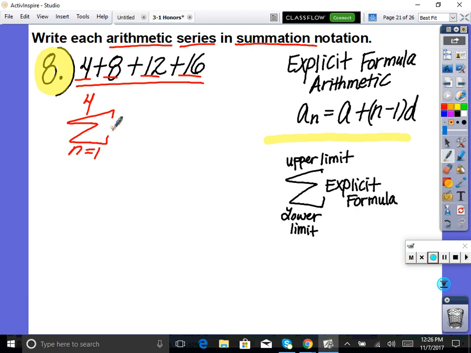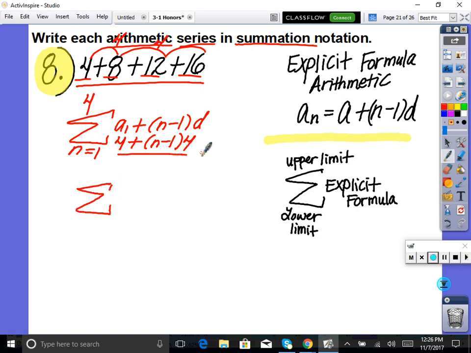And then we would write in our explicit formula, which for arithmetic is a sub 1 plus n minus 1 times the common difference. So we would have 4 plus n minus 1 times, what's the common difference? It's 4. So times 4.